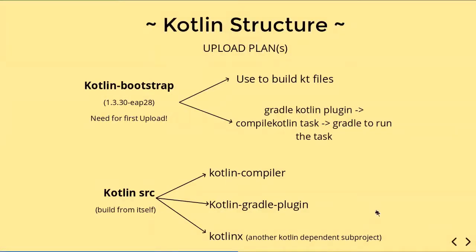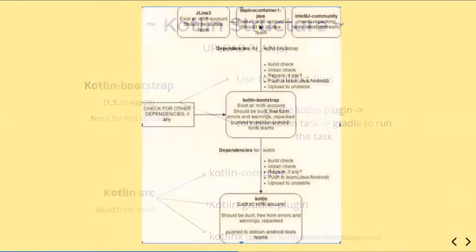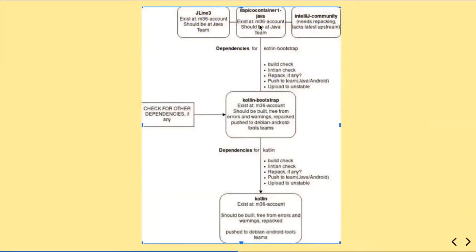Coming to the Kotlin structure, before packaging Kotlin, we need to have an upload plan. How are we going to upload Kotlin? Initially, in the community bonding period and in the proposal, I suggested that we should have all the build dependencies like JLine 3, PicoContainer, IntelliJ, and many others, along with the Kotlin bootstrap binaries, which are in turn used to build Kotlin, and then we can upload it in a row.